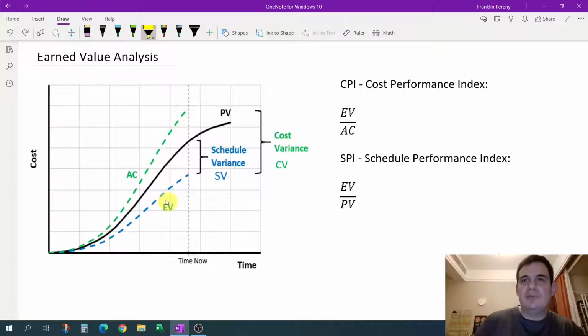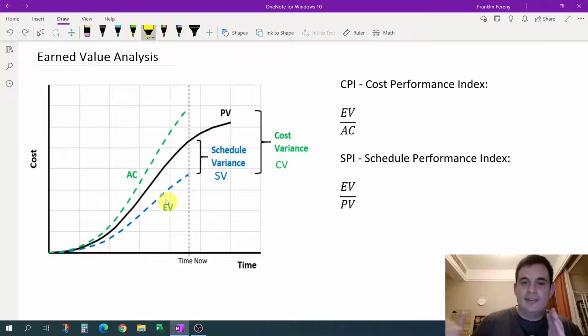So what do I mean by that? Well, let's say you want to build a road that's 10 miles long, and you've put together a cost plan and a cost estimate with contractors and materials. You've estimated that the road is going to cost $1,000 per mile.